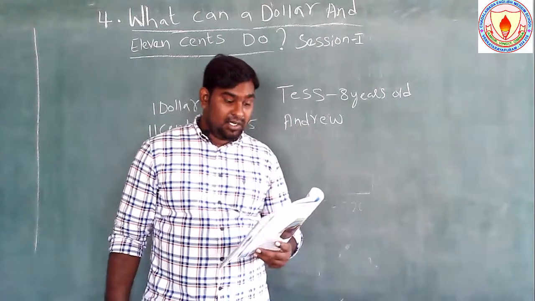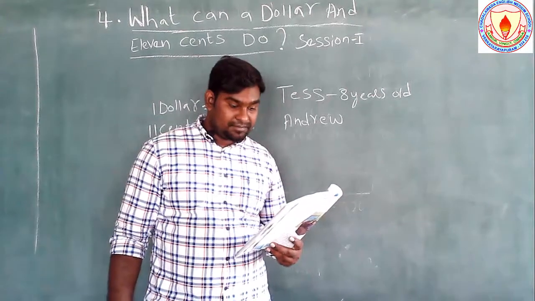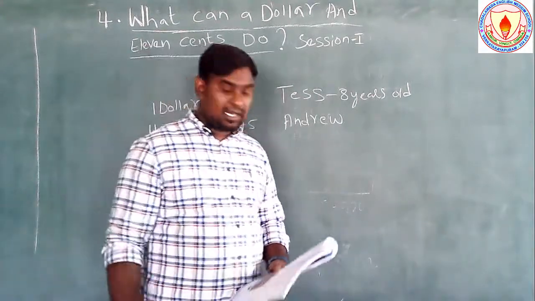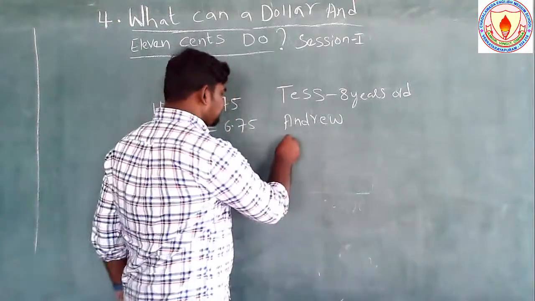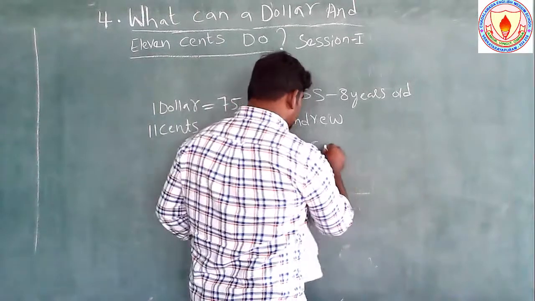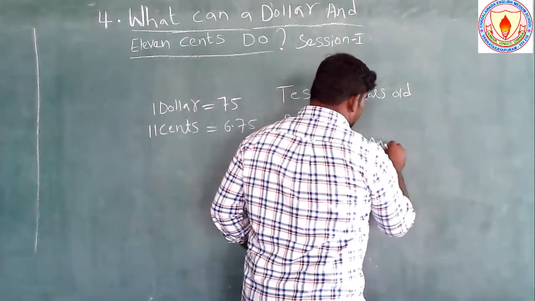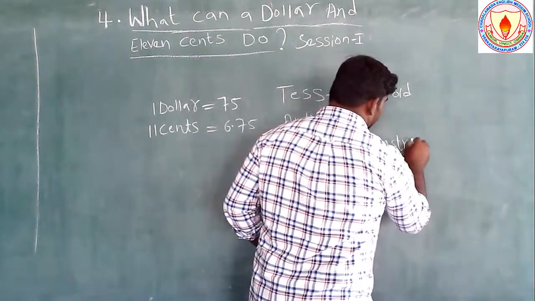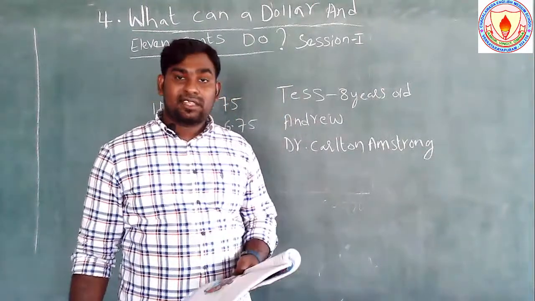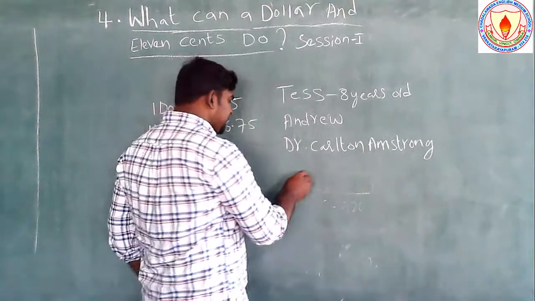Right, next line. That well-dressed man was Dr. Carlton Armstrong. The one who talked with this little girl, his name is Dr. Carlton Armstrong.